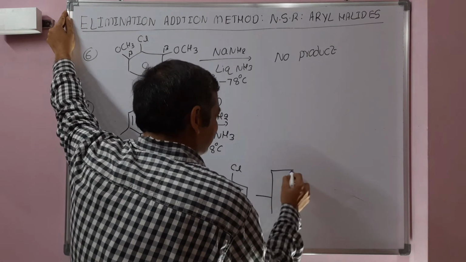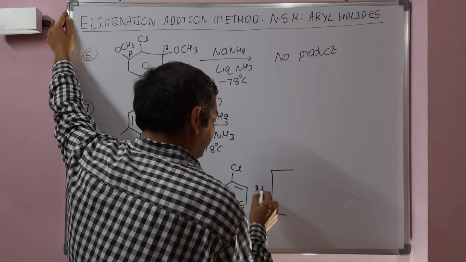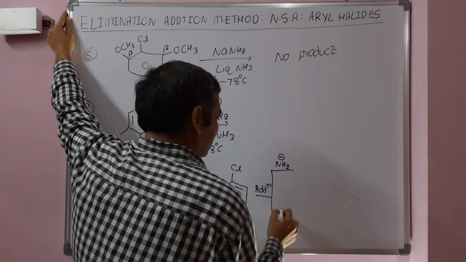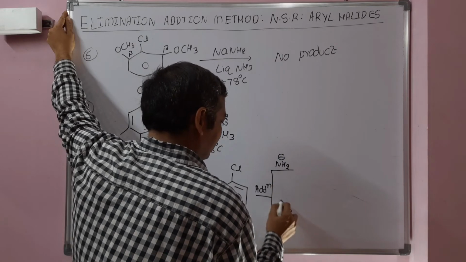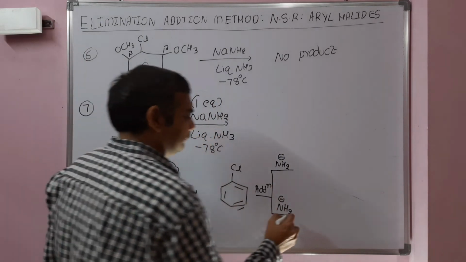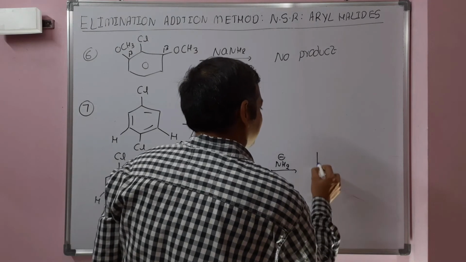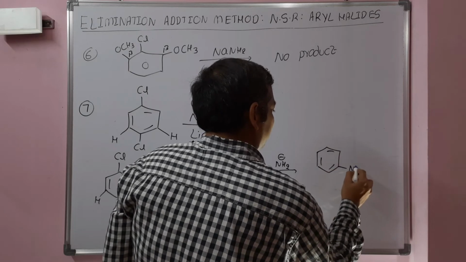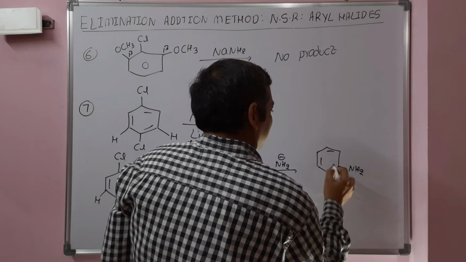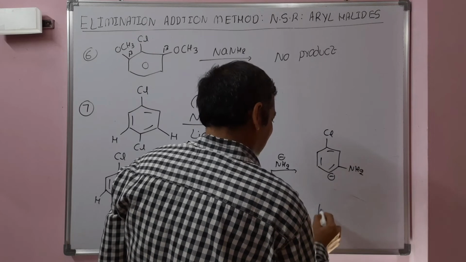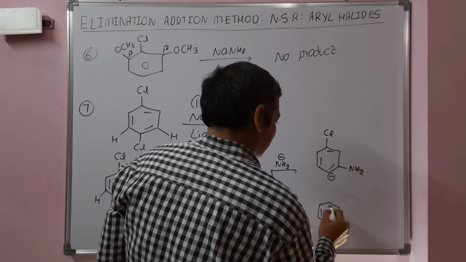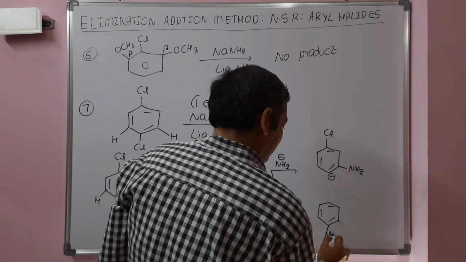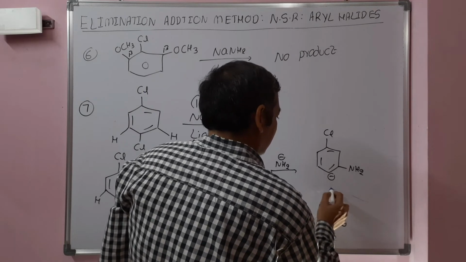Once benzyne is formed, there is a possibility for two products. NH2 minus will attack at either of the positions, either meta or para. Suppose NH2 minus attacks at meta, the carbanion is at para. In the second case, if NH2 minus attacks at para, the carbanion is at meta.